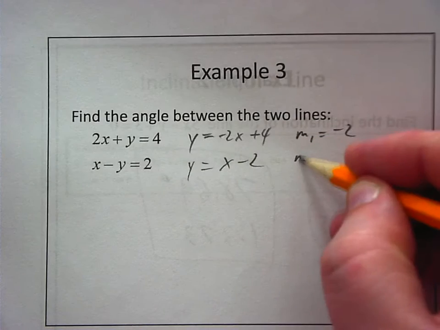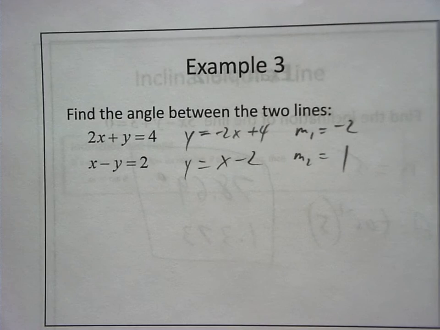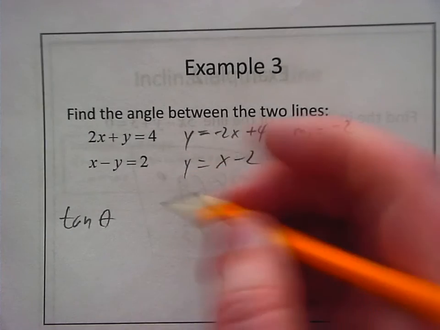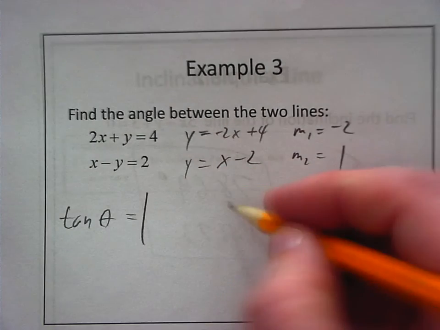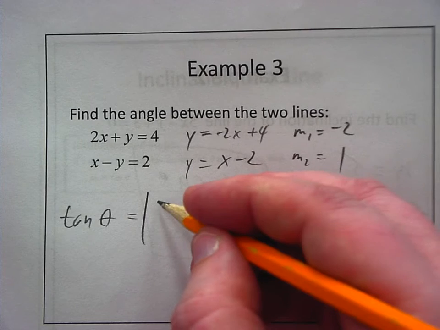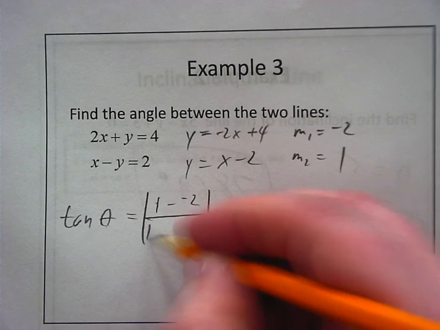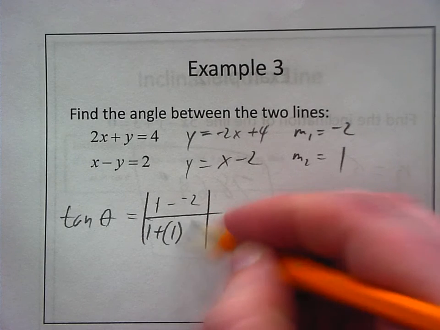X minus 2 gives me a slope of 1. Okay, so then tangent of the angle is going to be equal to the absolute value of the difference, so 1 minus negative 2, over 1 plus the product.